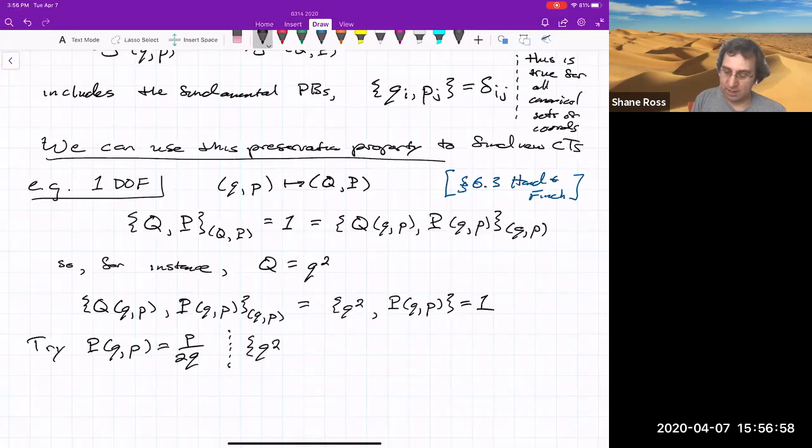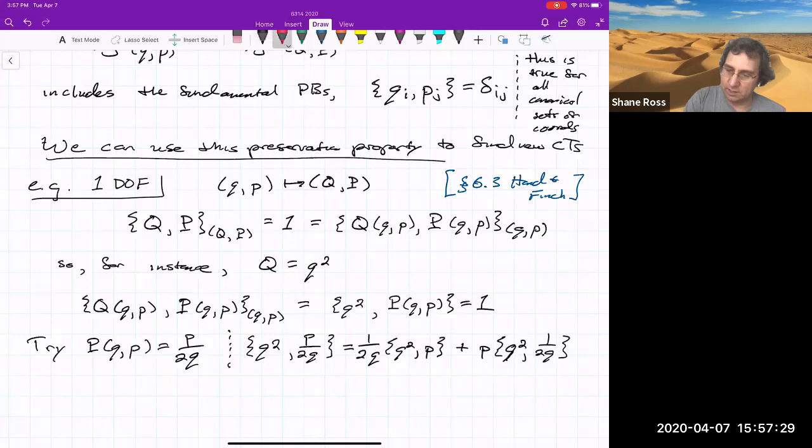So if we put that in here and then write the Poisson bracket. Now here we can use properties of the Poisson bracket. I think this was one of those, remember, 5 properties? This is 1 over 2q times q squared p, Poisson bracket, plus p, Poisson bracket of q squared with 1 over 2q.